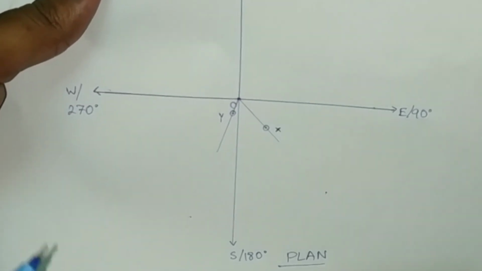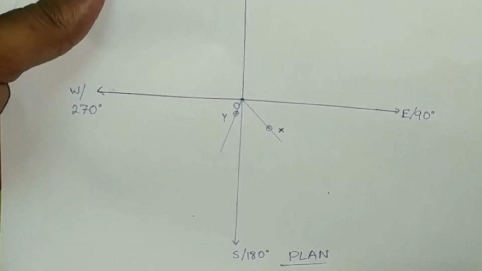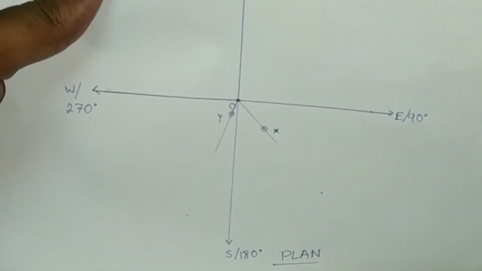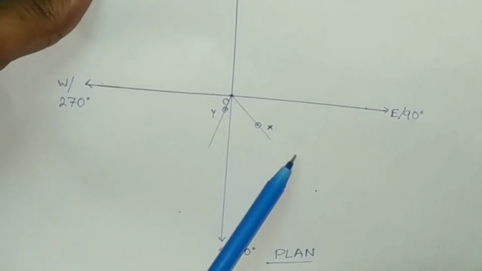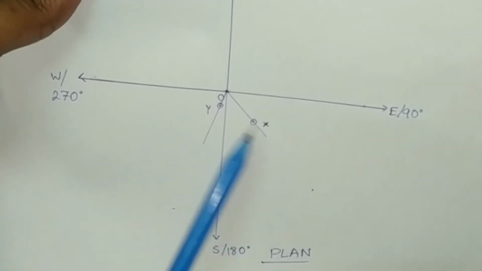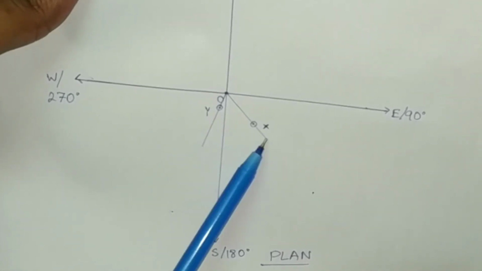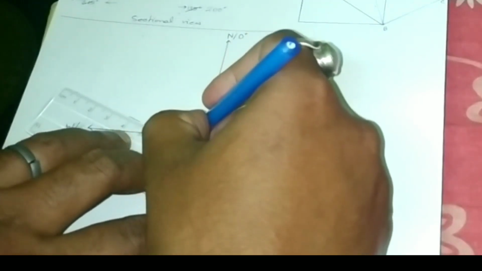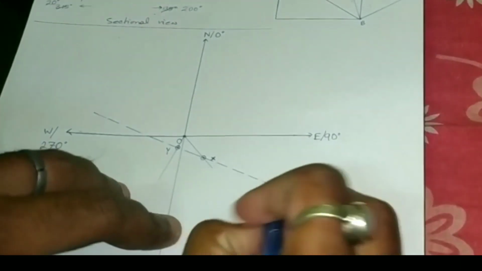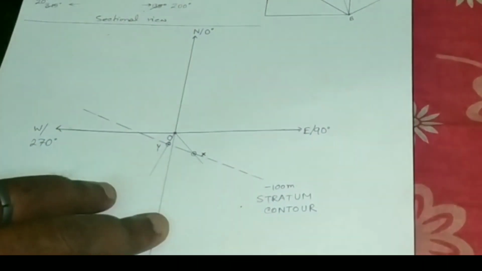We know minus 100 meter or minus 200 meter stratum contour for a homoclinal, meaning constantly dipping bed where there is no rotation, no change of strike, then the strike line or stratum contour are parallel. So by connecting X and Y through this dash line, we will get the minus 100 meter stratum contour.